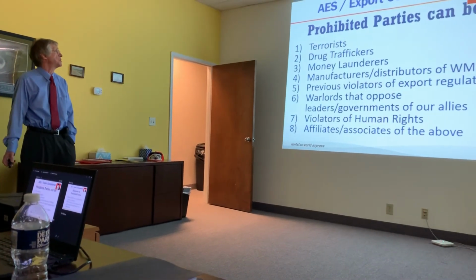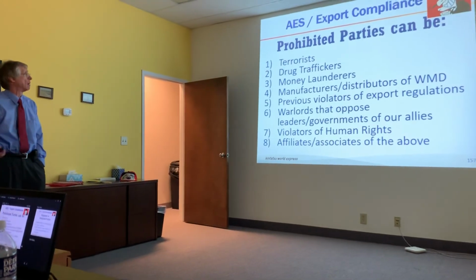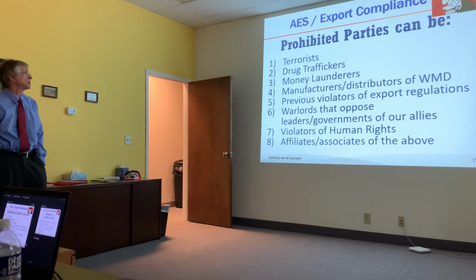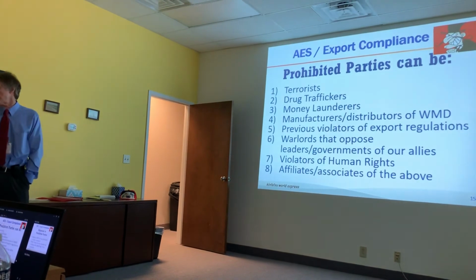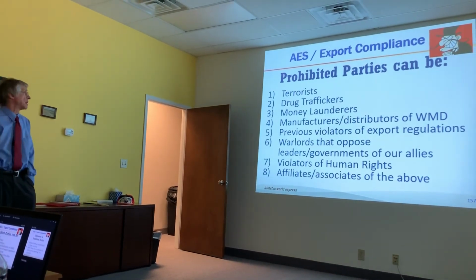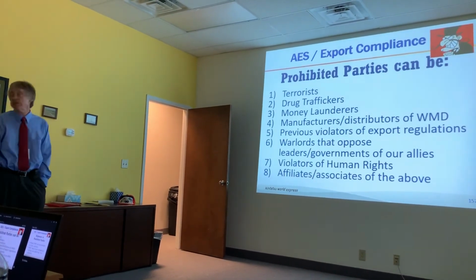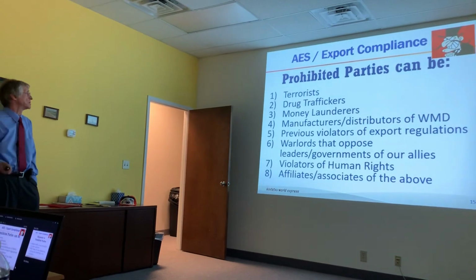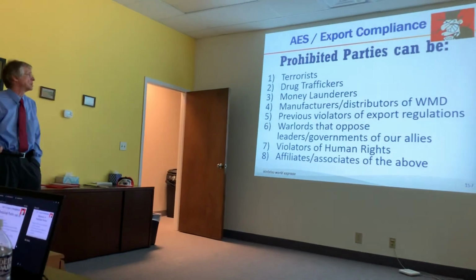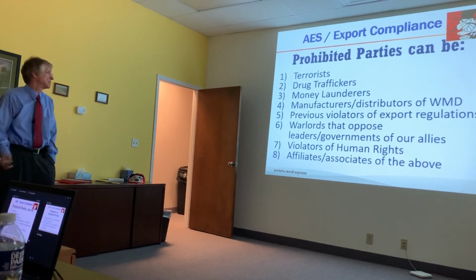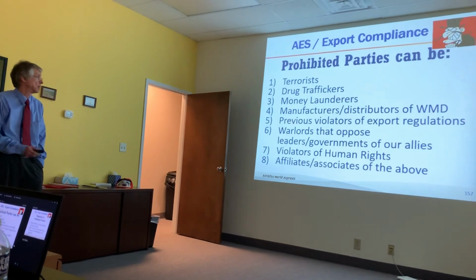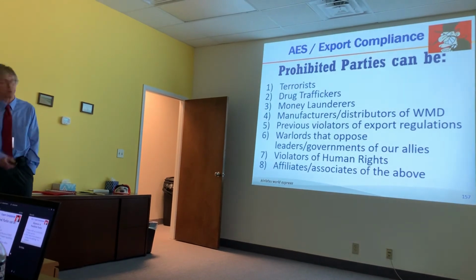Why? Because they are terrorists, or drug traffickers, money launderers, people who are involved with the distribution of weapons of mass destruction, previous violators of export regulations, warlords that oppose the governments of our allies, violators of human rights, and people associated with any of these people who do these things.